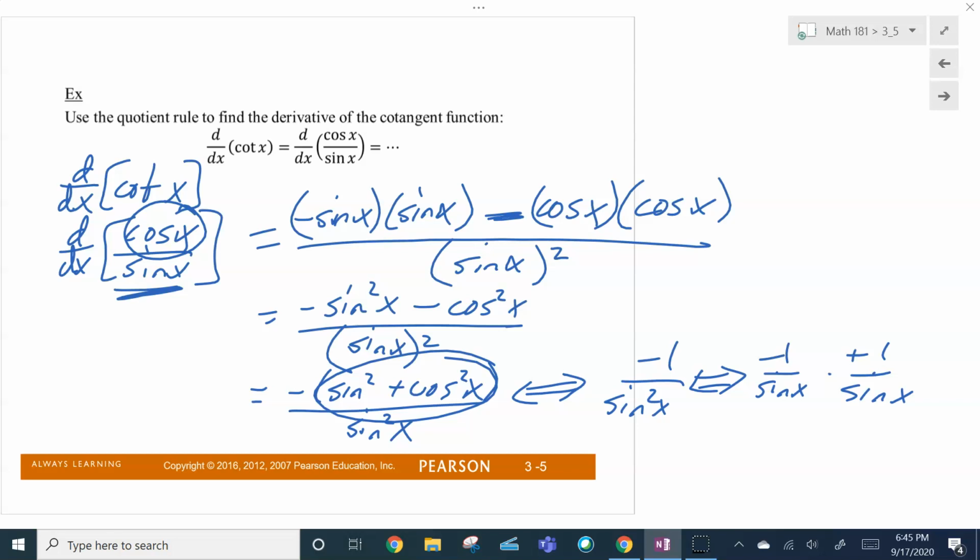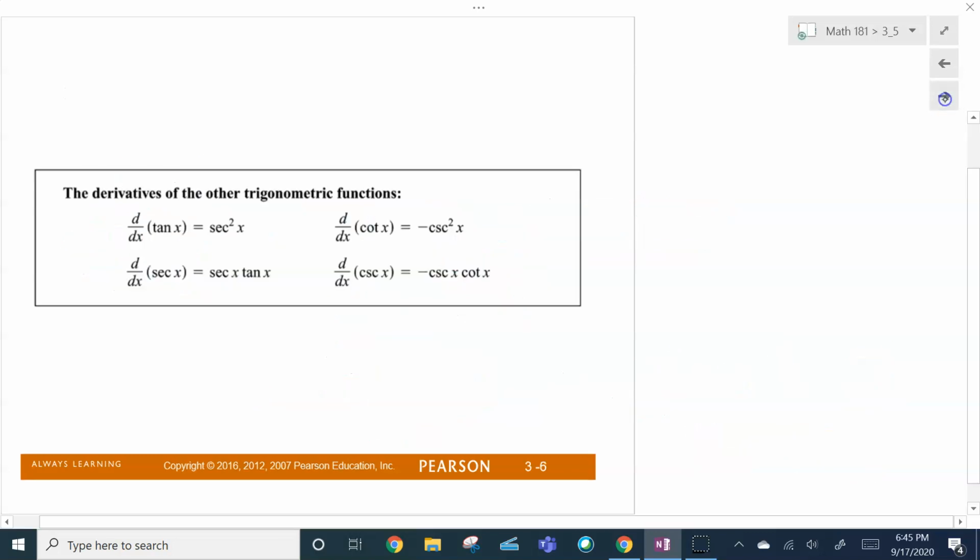So I got negative, and then 1 over sine, cosecant squared. Cosecant times another cosecant. So what's the derivative of the cotangent? Negative cosecant squared. Derivative of cotangent, negative cosecant squared.